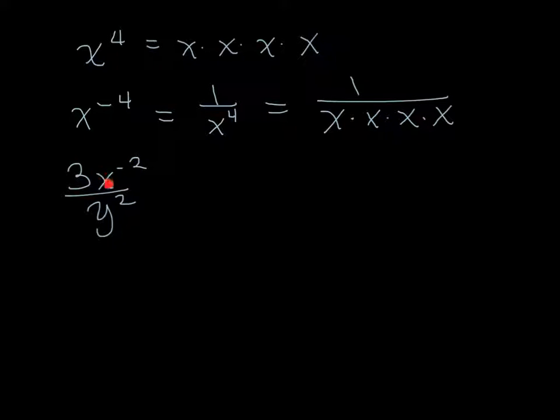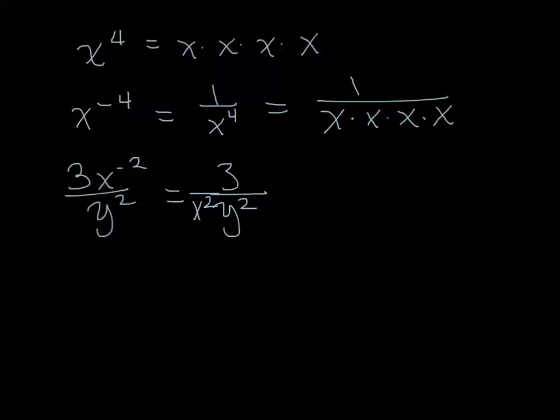If we put this variable down in the denominator, then we can make the power positive. So let's rewrite this, and 3 can stay where it is, the y squared can stay where it is, but the x to the negative second we're going to take and put down in the denominator, and then it will become simply x to the second.